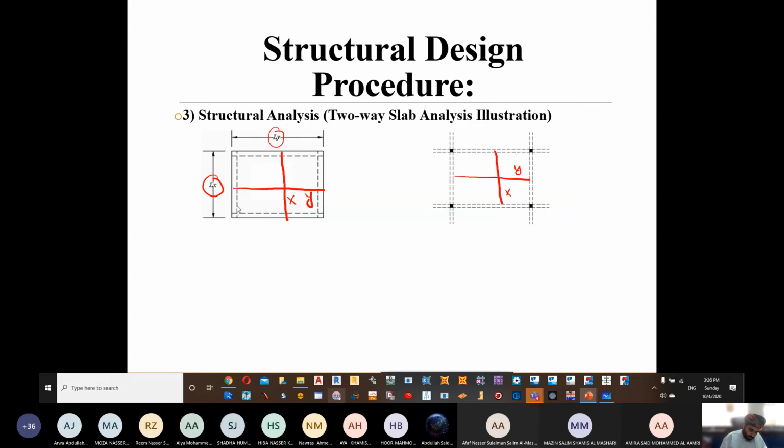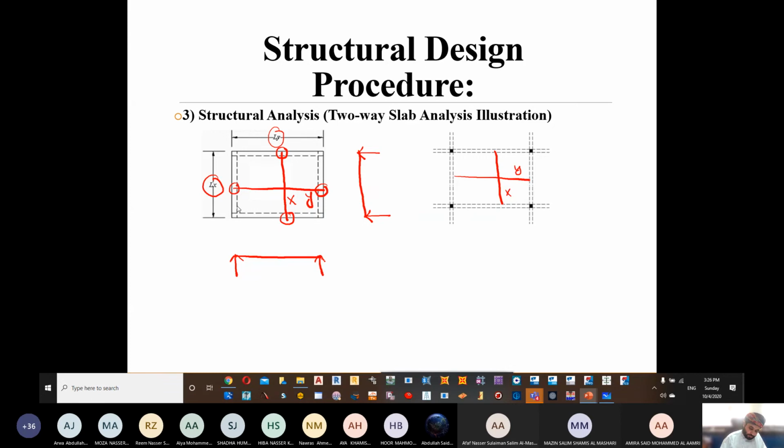So if I go and draw for X, this is my X. One support is available here, another support is available. So it's like this. This is for X. For Y, once again, just draw a line. There is one support here, there is one support here. So once again, I'm going for Y.